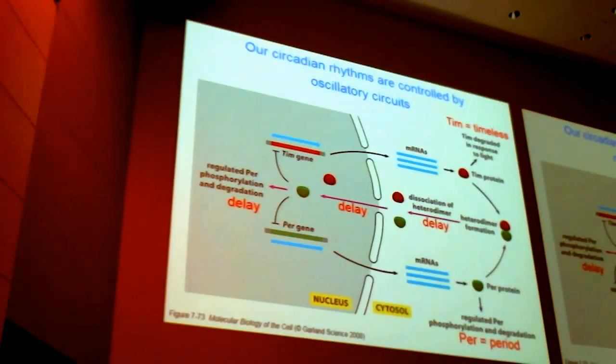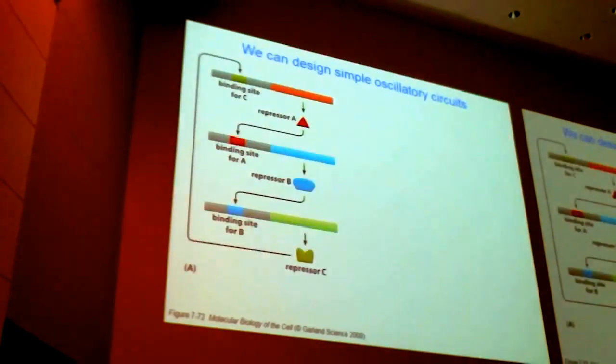So that's all that's happening. You're making a lot of protein, get out there, and if you're not degraded, you accumulate high enough, go in, start inhibiting. Okay? So this sort of arrangement, you can think of it as negative feedback loop plus a delay. And that leads to an interesting property of oscillation.